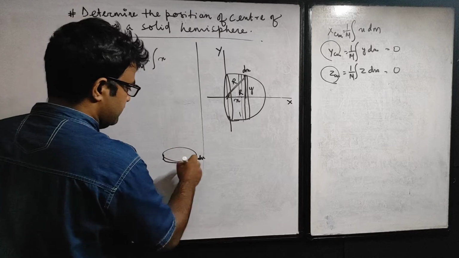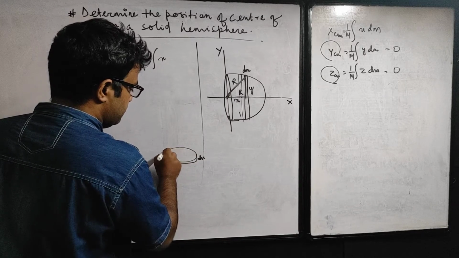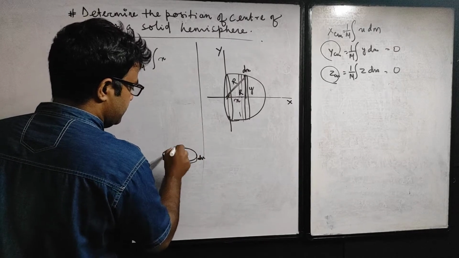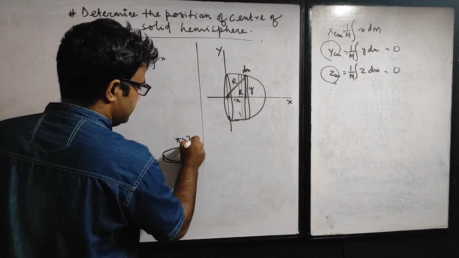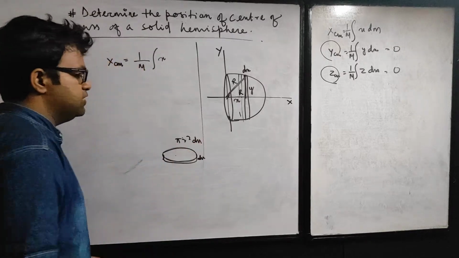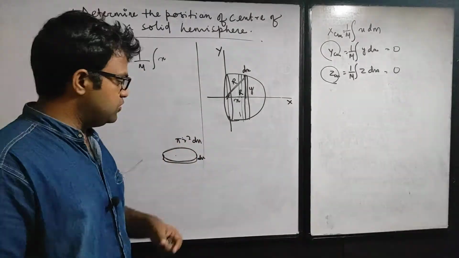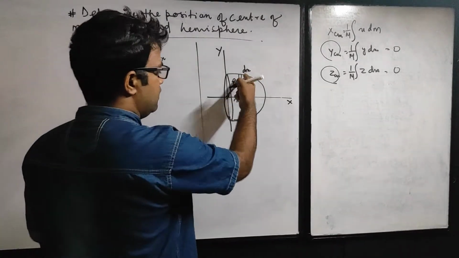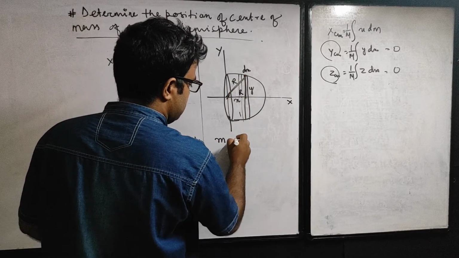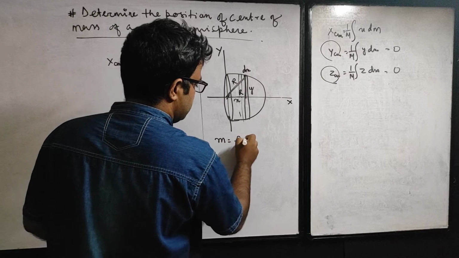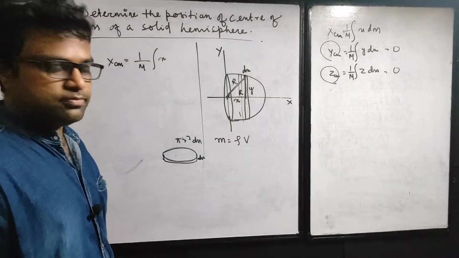So what is the volume of this cylinder? Volume will be the area, pi r square, times the height, which is the width dx. So pi r square dx will be the volume. Now what is the mass? Mass per volume is density, so rho into volume is equal to your mass.